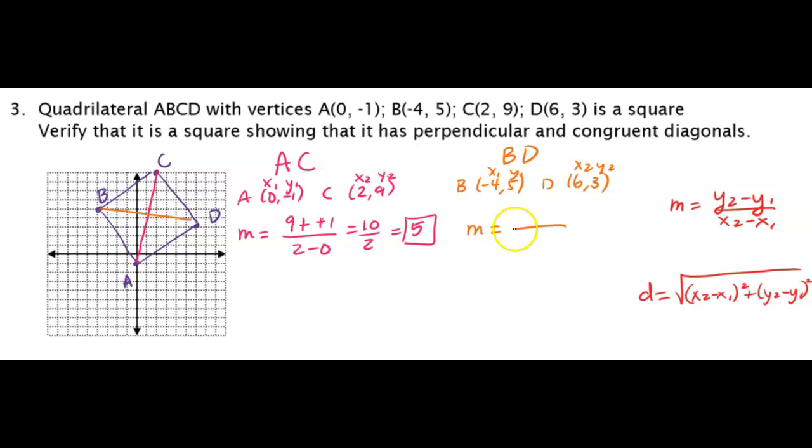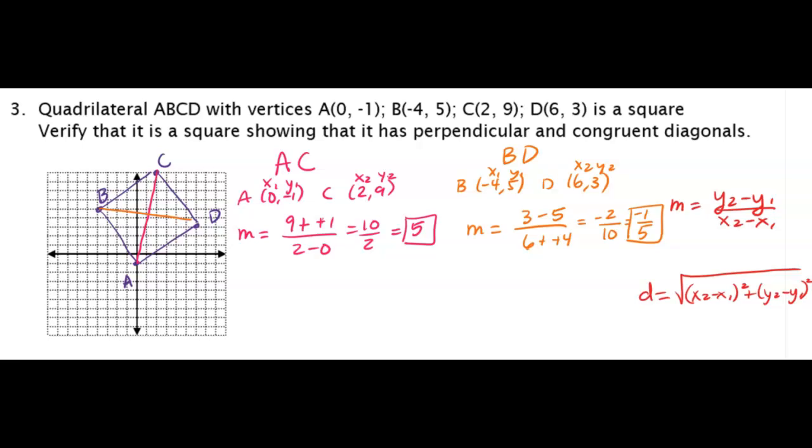So I have y2 minus y1, or 3 minus 5, and then x2 minus x1, or 6 minus -4. 3 minus 5 is -2. 6 minus -4 is actually 6 plus 4, or 10. And if I simplify this, I can divide them both by 2, and it gives me -1/5. So if I look at my two slopes, they are opposite signs, and they are reciprocals of each other. So that part checks out.